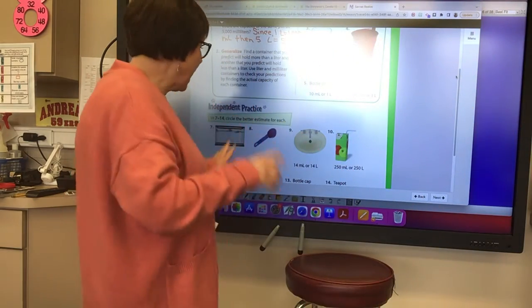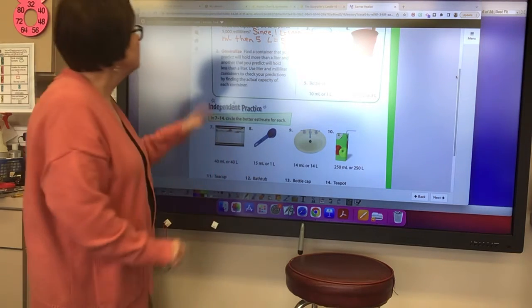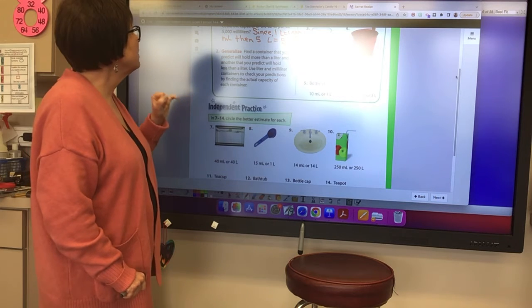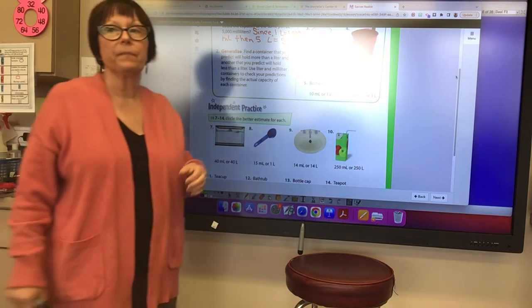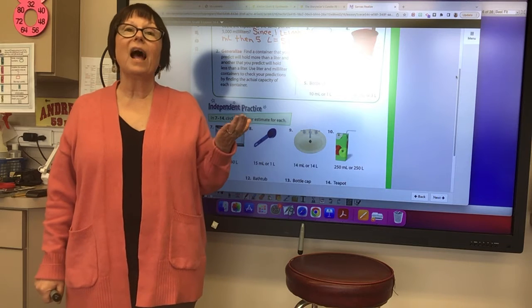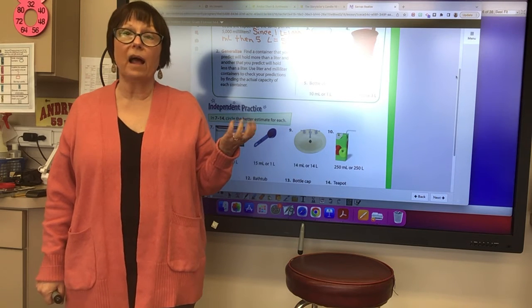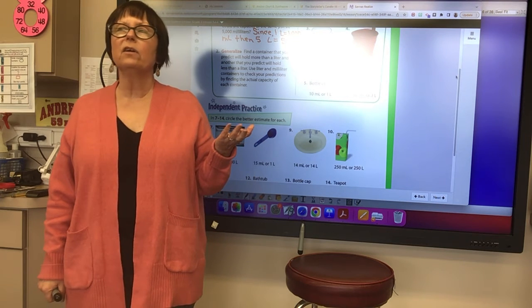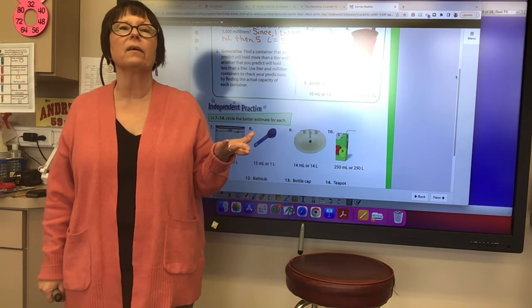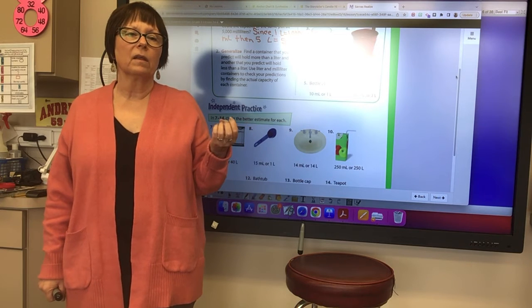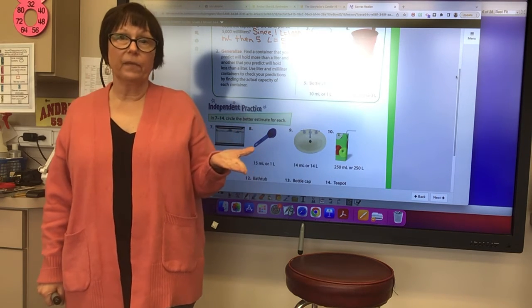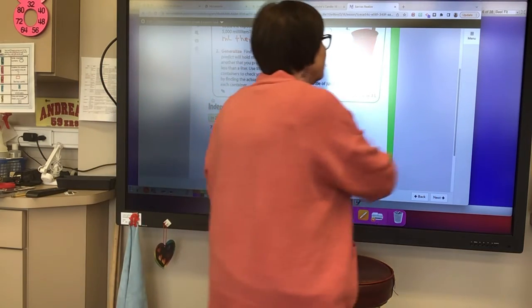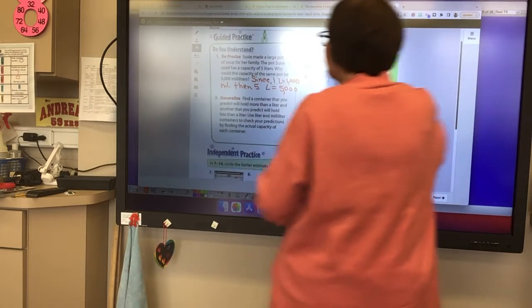We thought that the water bottle would hold more than a liter. Did it hold more than a liter, or just a liter? I filled it up just to 1 liter. So it only held a liter. Our water bottle held exactly a liter.